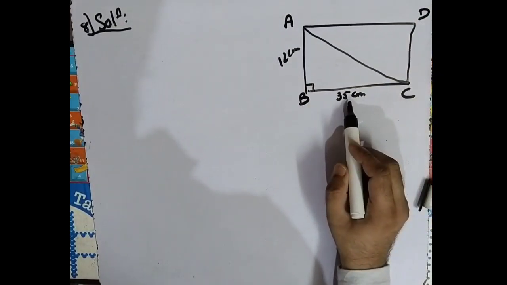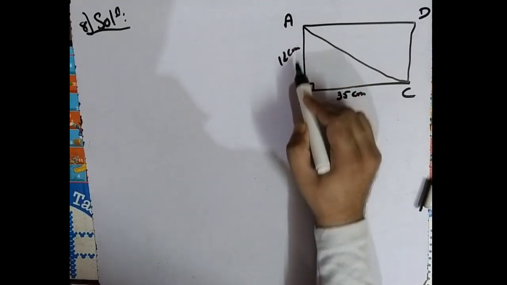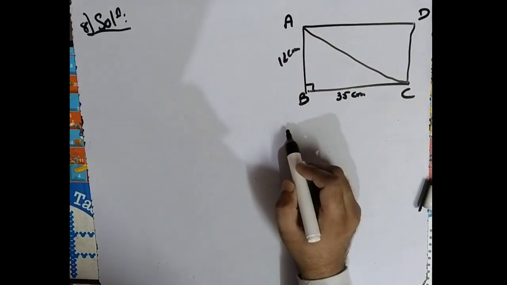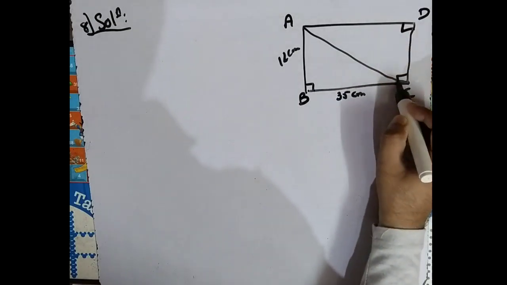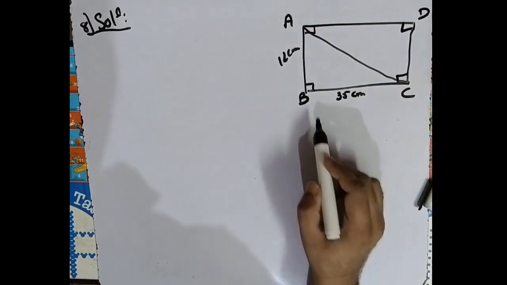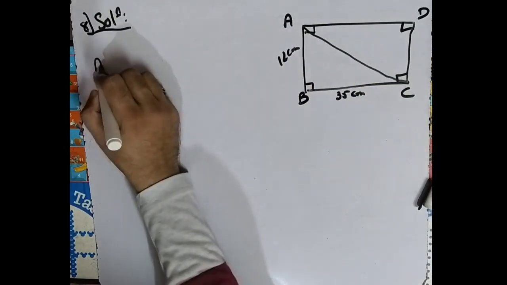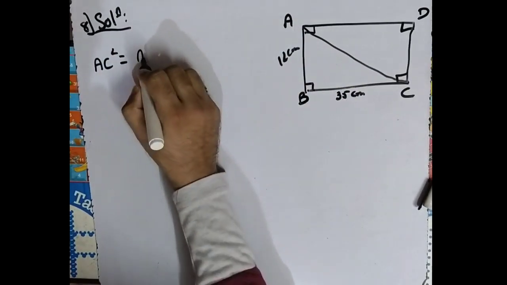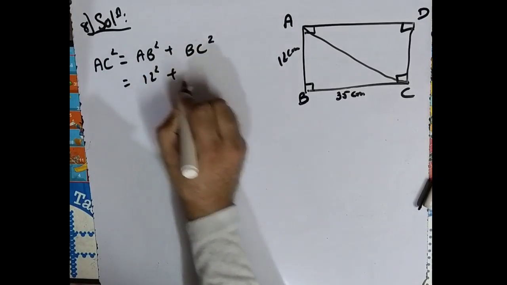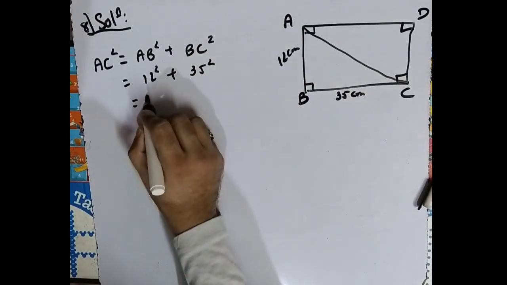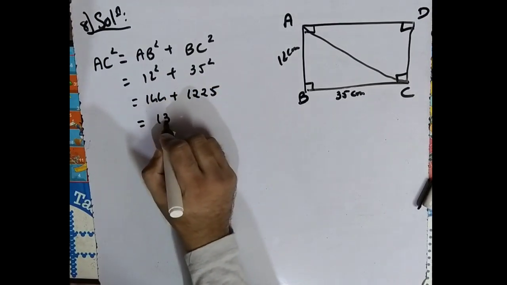In the eighth sum, we have one rectangle ABCD. Length is given 35 centimeter and the breadth is given 12 centimeter. We have to find the diagonal. In right angle triangle ABC, first of all, in a rectangle, we know that all angles are 90 degrees. So angle B is 90 degrees, angle D is 90, angle C 90, angle A 90. By Pythagoras theorem, AC square is equal to AB square plus BC square, 12 square plus 35 square, 144 plus 1225, 35 square is 1225, 1369.